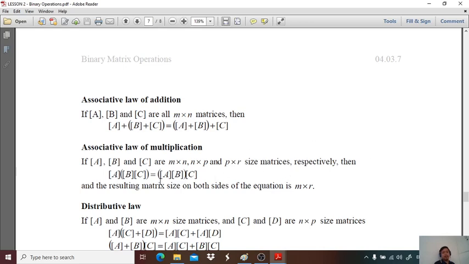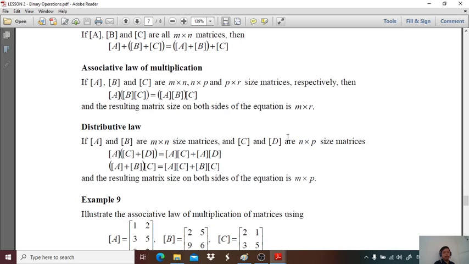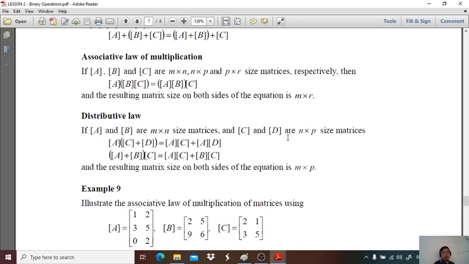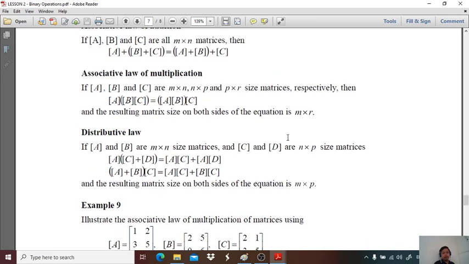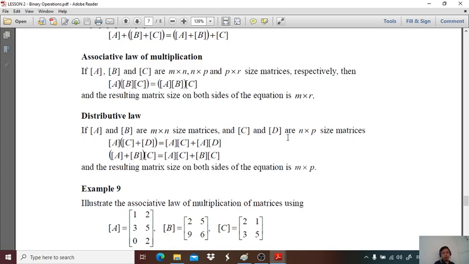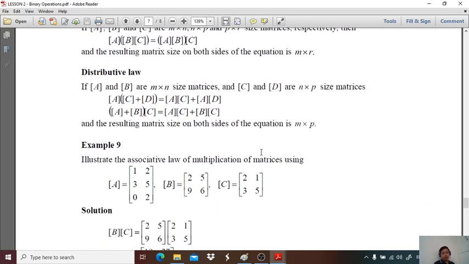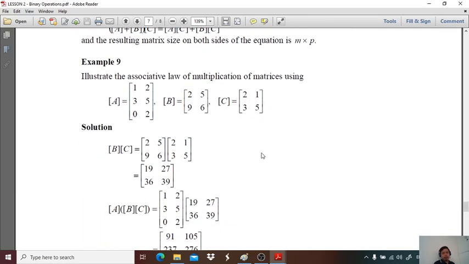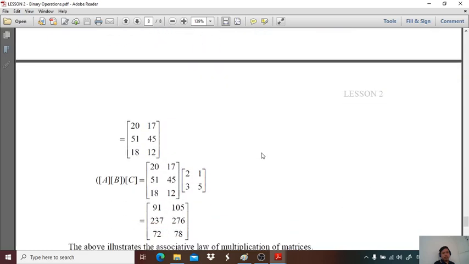Then your final or resulting matrix will be M by R. Then for the distributive law, that is multiplication over addition, and multiplication and addition rules. So this is the last example.